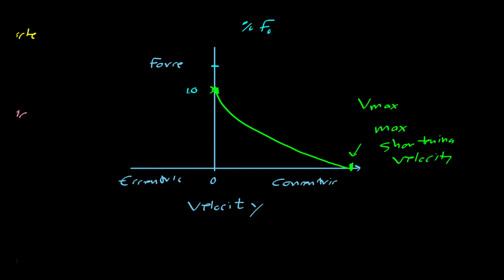We also saw this strange, interesting, useful property where, let me move this out of the way, when your muscles are contracting eccentrically, like your quads when you are going down on a squat, for example, you're actually able to produce more force than your maximum isometric force production capability.